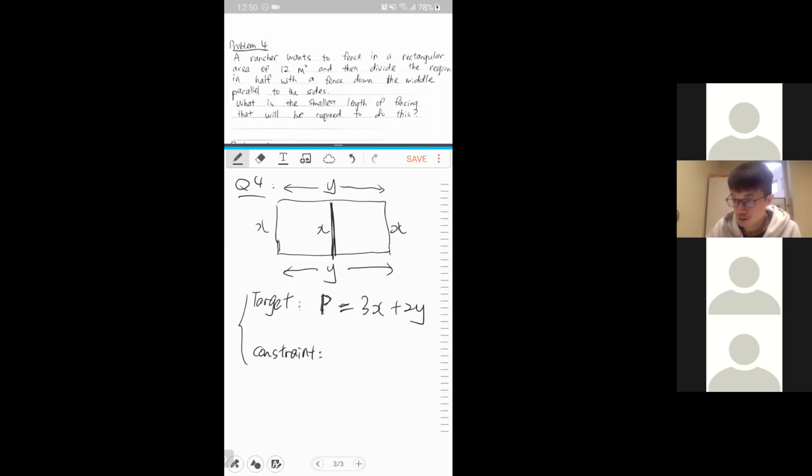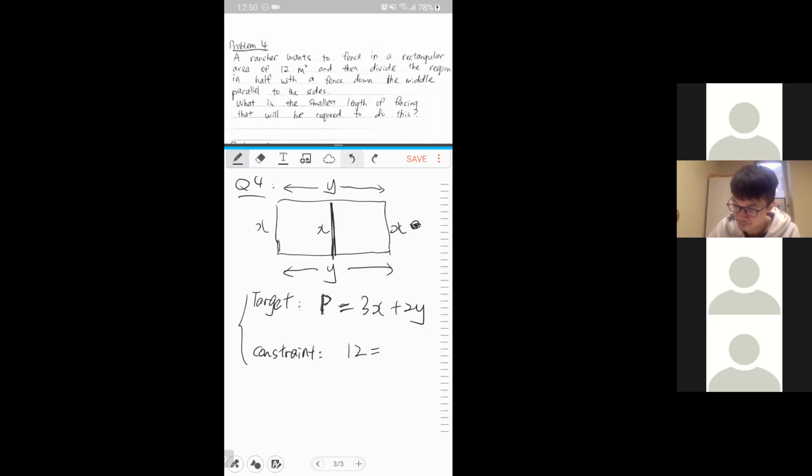The constraint, there's only one point where there's a number, right? Which is 12 meters squared. And what does it describe? That's an area. The area is 12, so the area formula for the rectangle is the width, which is x, times the length, which is y.